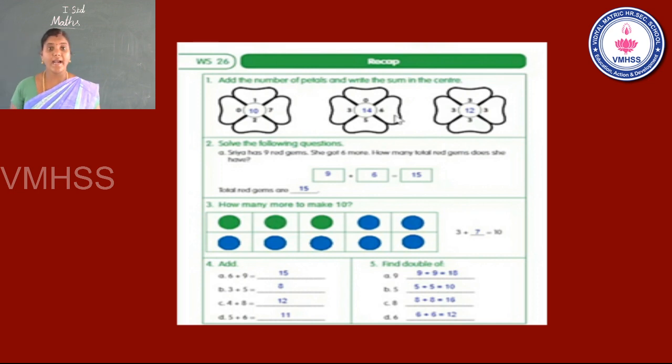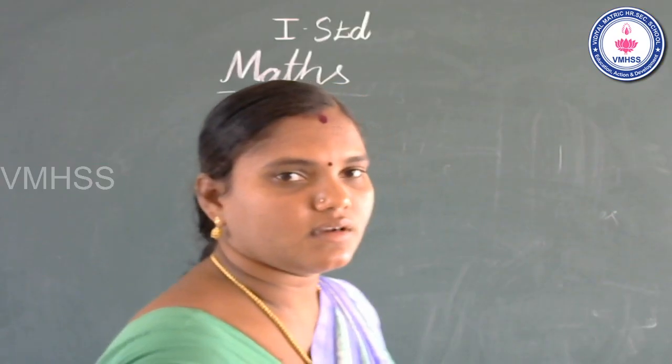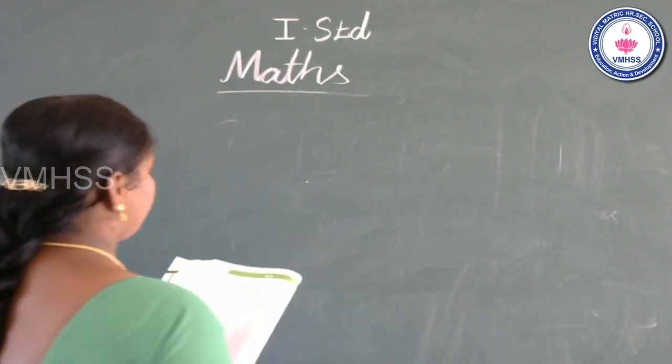Number 1. Add the number of petals and write the sum in the center. Again, read the question. Students, listen properly. Add the number of petals and write the sum in the center. Students, now look at the board.